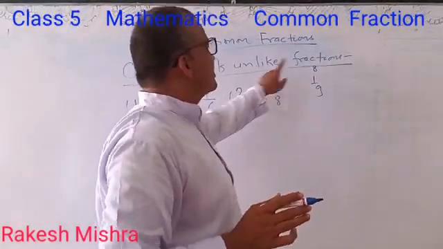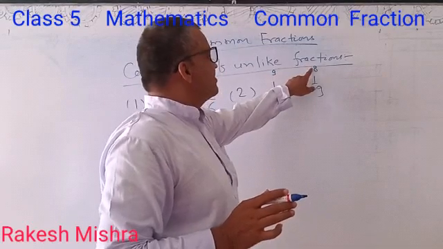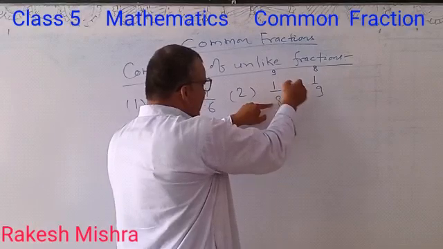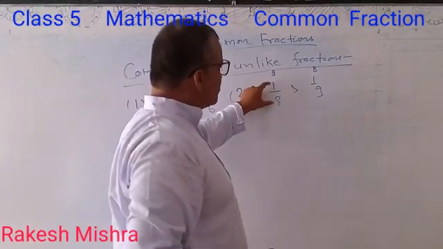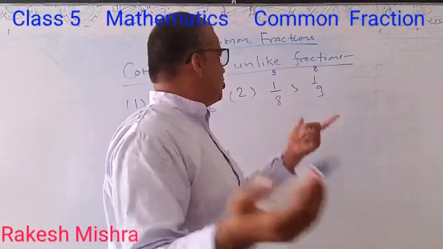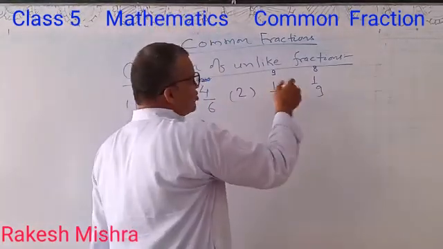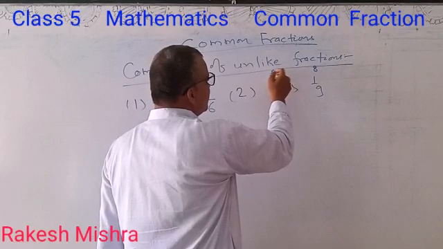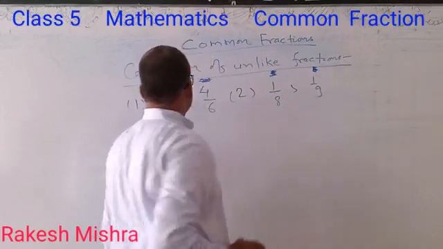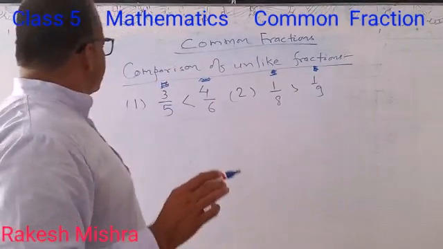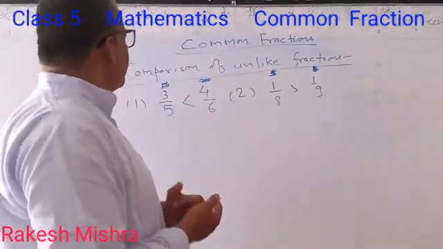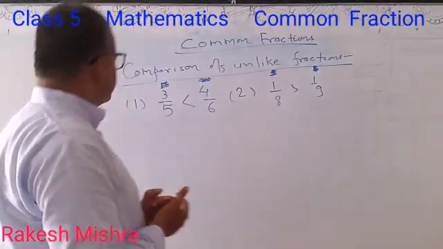This 9 is greater than 8 and 9 is on this side, so this side fraction, means 1 by 8, is greater, 1 by 9 is lower. After doing this, we should erase this. Hence, this type of unlike fractions can be compared.